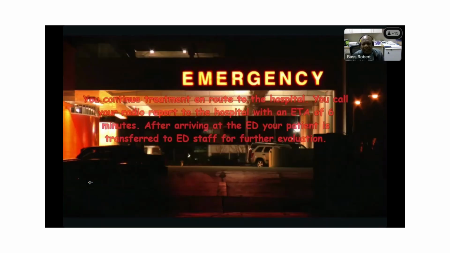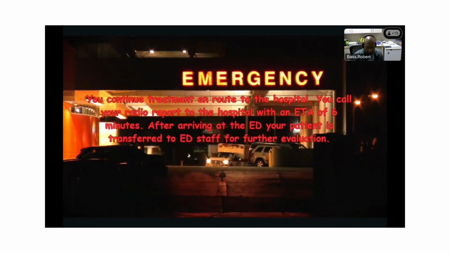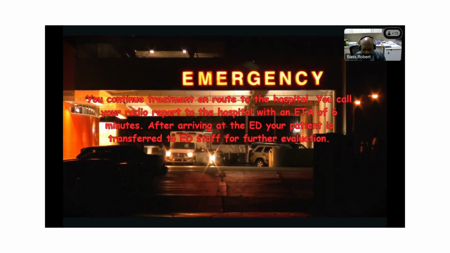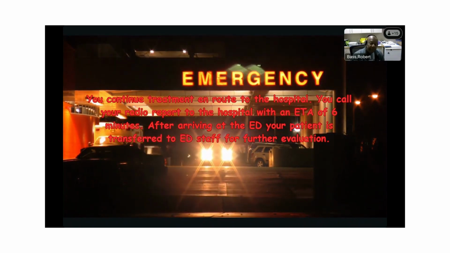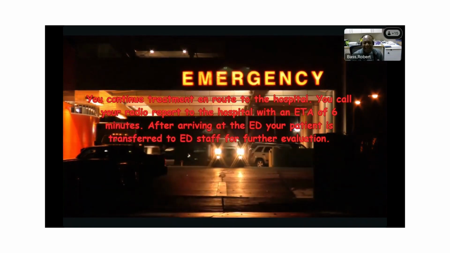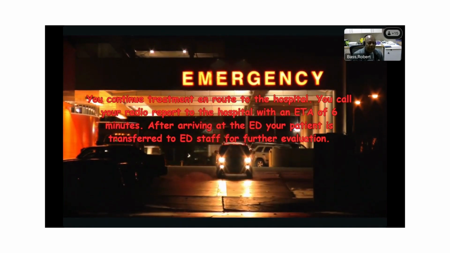You continue treatment. En route to the hospital, you call for a radio report with an ETA of 6 minutes. After arriving at the emergency department, your patient is transferred to the emergency department staff for further evaluation.